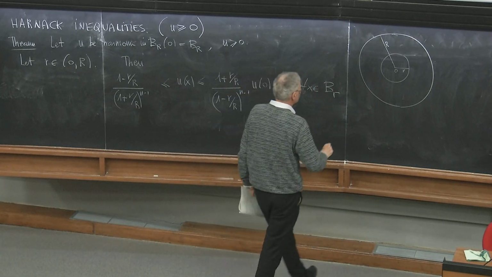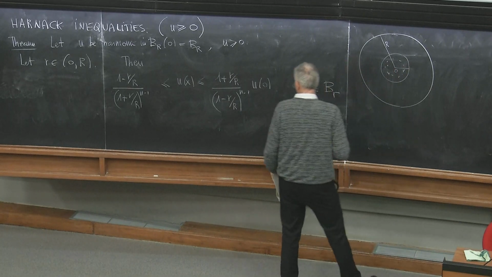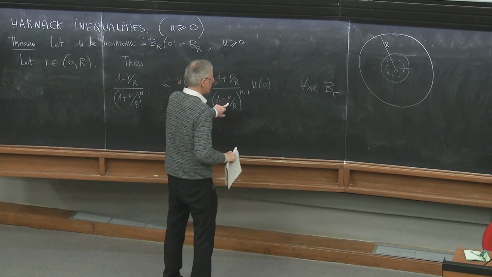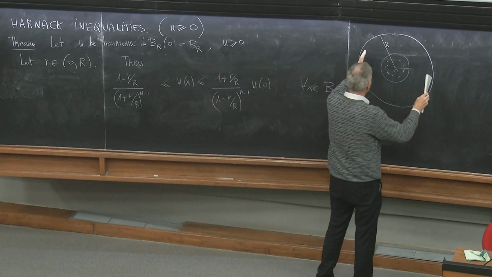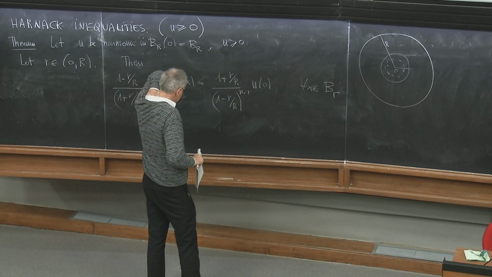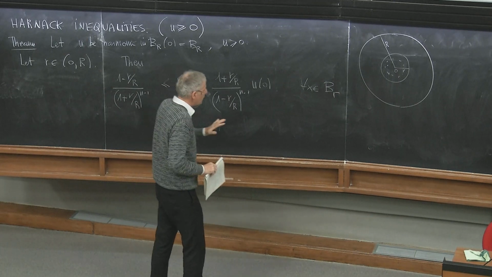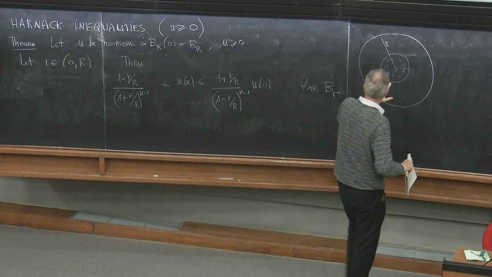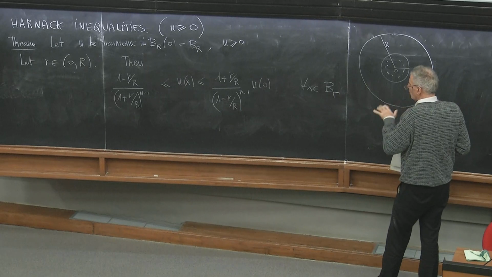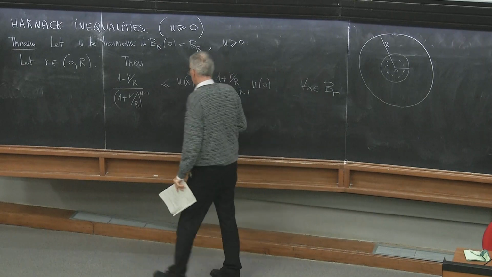You are controlling the value of U(x) in this smaller ball to some constant which blows up as r becomes capital R. So in some sense, this inequality says that the values of U in the ball are all comparable.